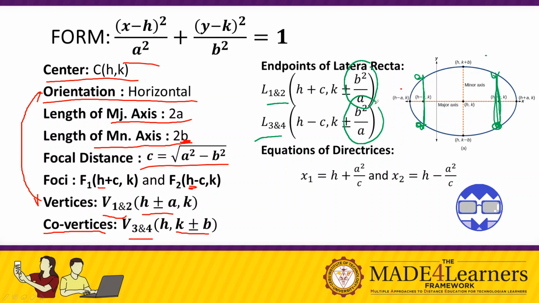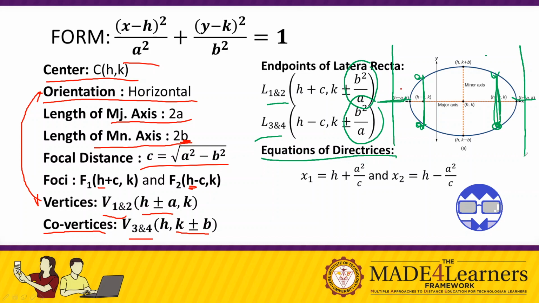Then we have the equations of the directrices. We have two directrices. It's not actually written in the graph because the graph is so small. For the directrix, it is always dependent on the orientation.